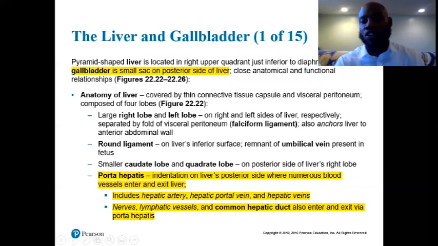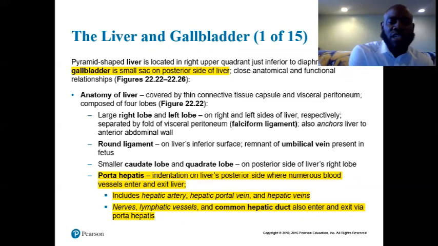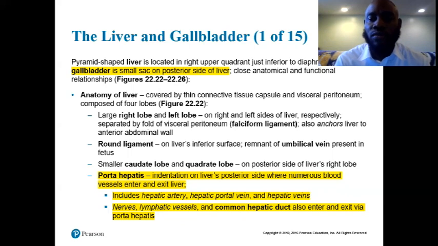All right, now we move on to the liver and gallbladder. There's a lot of information on the liver. It's an organ that is obviously very useful, that we are very much in need of. I have a family member who struggles with alcoholism, and in that struggle has had problems with his liver.